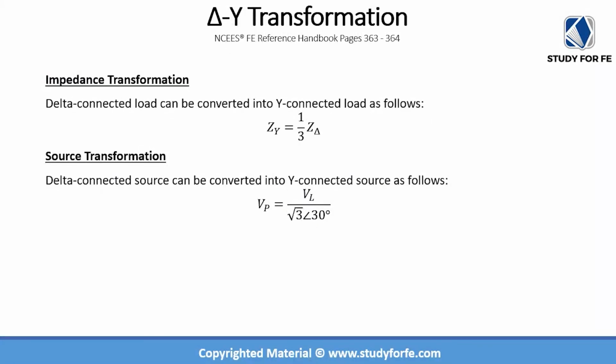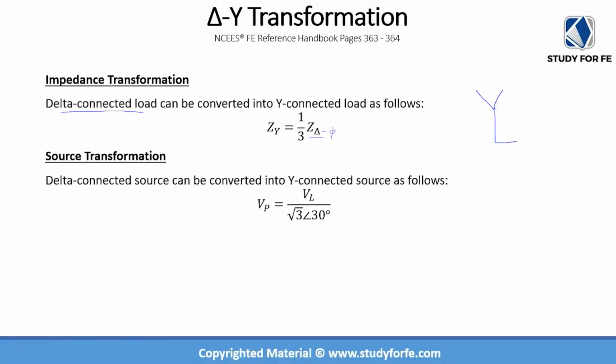As I mentioned earlier in the lecture, generally speaking, Y networks are much easier to solve as compared to delta networks. There are exceptions. If you have a delta connected load and you want to convert that impedance into a Y impedance, all you have to do is divide the delta impedance, phase per phase.